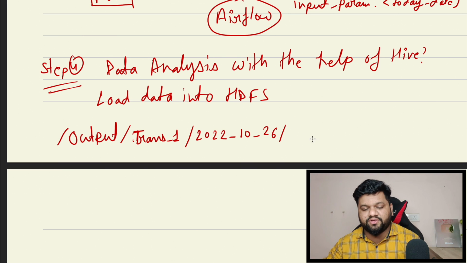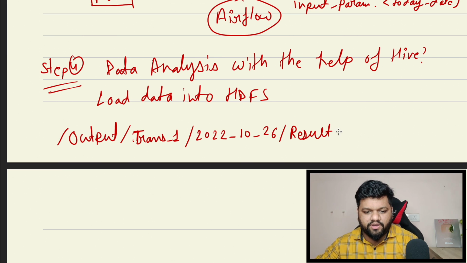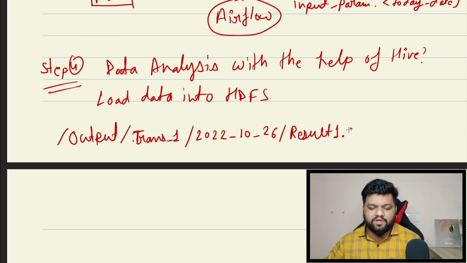This is your directory structure, and here it will be result_1.csv. So result_1 basically means this is the result for transformation 1 in .csv format, and this was produced and generated for the 26th of October.